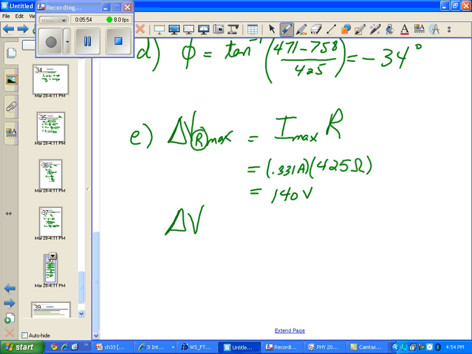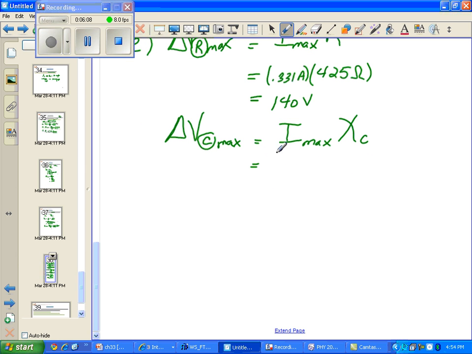Next, delta VC max, and here we have to use Ohm's law, but we must restrict ourselves to X sub C since we only want the voltage across the capacitor. 0.331 amps times 758 ohms gives us a value of 251 volts.